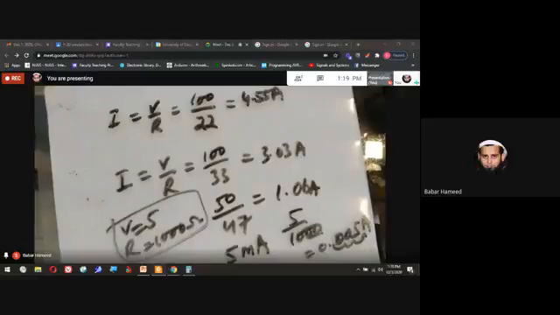And similarly, when volts are divided by kilo ohms, the result will always be in milliamperes. And when volts are divided by mega ohms, the result will always be in microamperes. So, as you have seen, when we divided volt by 1000, current was in milliampere. I hope you got my idea.